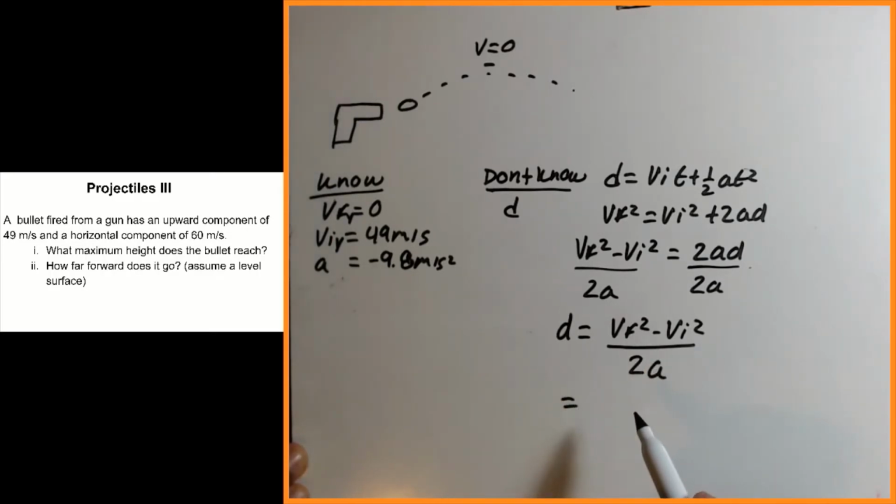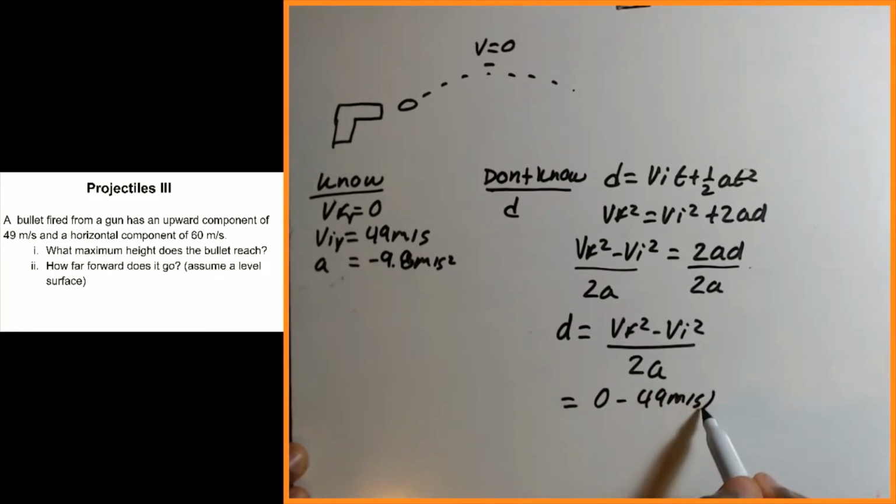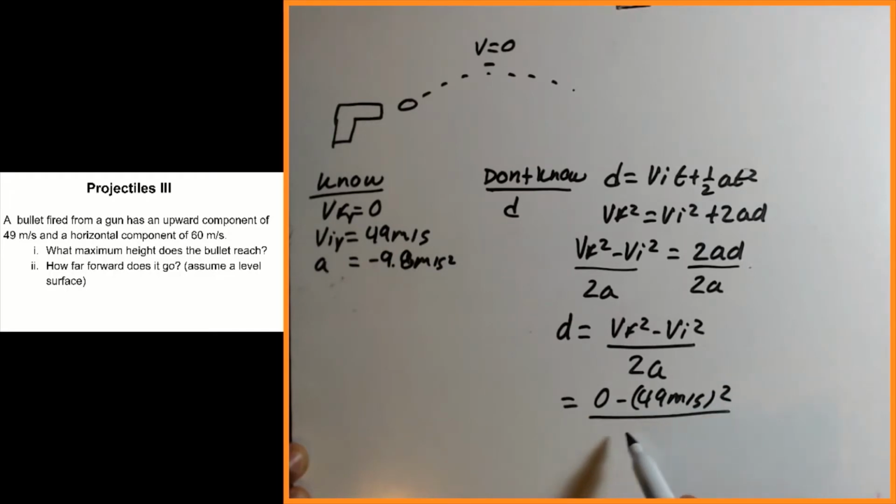Now we just need to plug in the values. So you get 0 minus 49 squared all over 2 times negative 9.8. If I calculate that, I get 122.5 meters is the total height in the y direction.